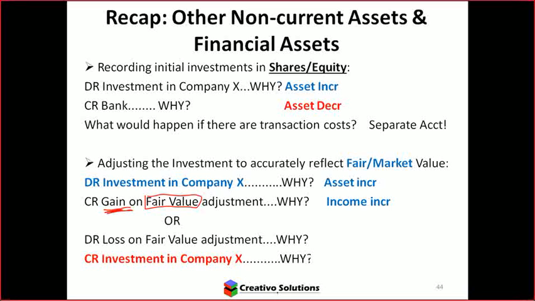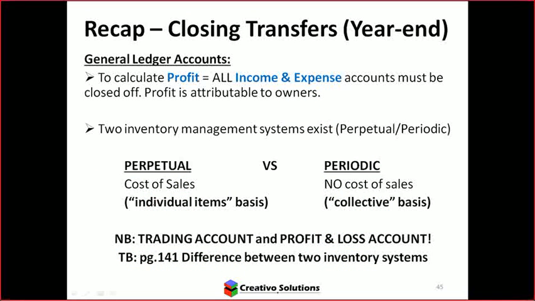And then I'm going to debit the expense. You can't debit income, we're debiting the expense, because remember, it's a loss. A loss on fair value adjustment meets the definition of which account? The expense. Correct. Good. Happy? Yes.